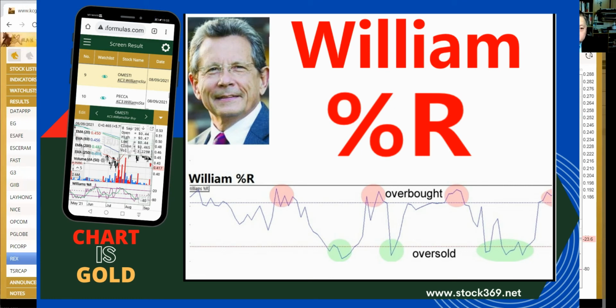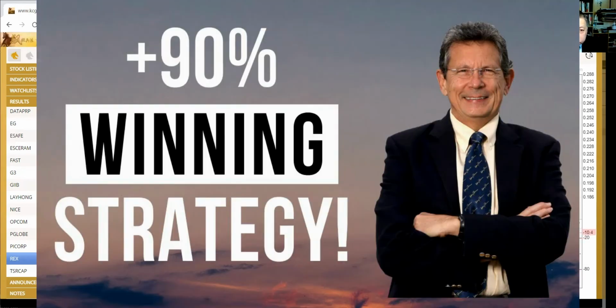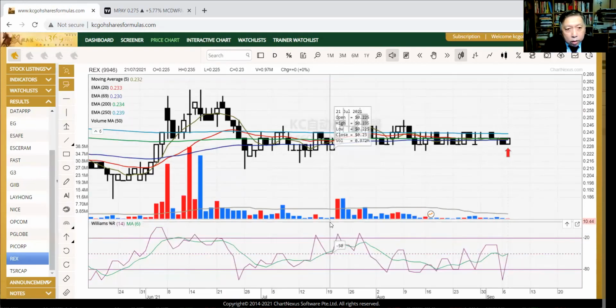So since he can use this indicator to make $1 million, I will say that his indicator can be used. Of course, he also used other indicators as well.